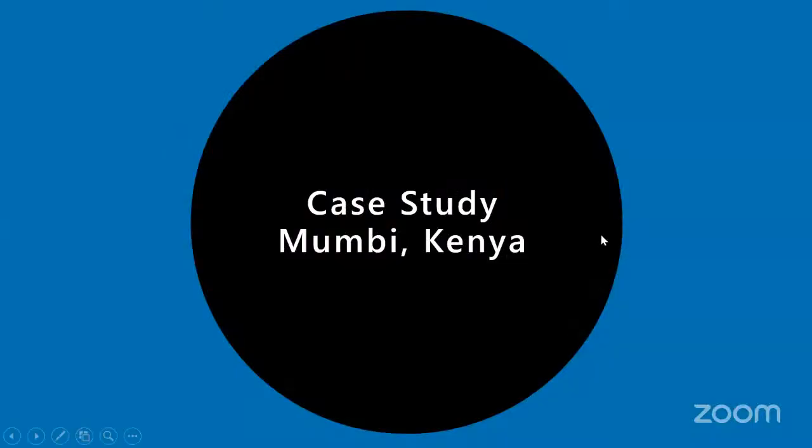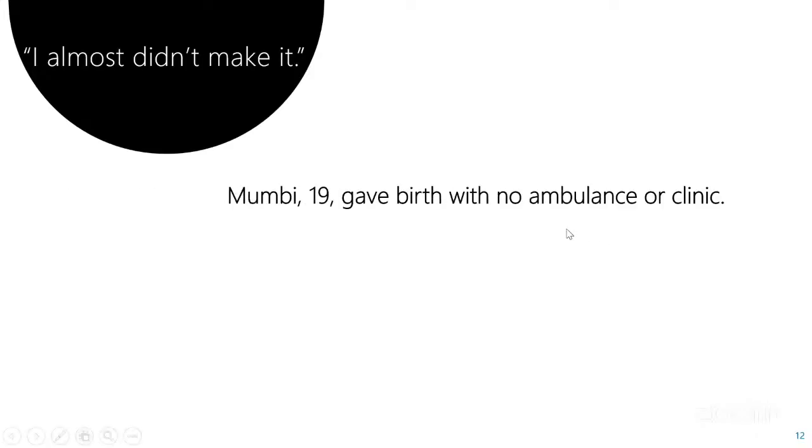Next, we're going to look at Mumbi. Mumbi says that she almost didn't make it. Mumbi is a 19-year-old girl, and she gave birth with no ambulance or clinic. We can see these cases mostly in Africa, where we have areas which don't have access to medical clinics or even healthcare services.